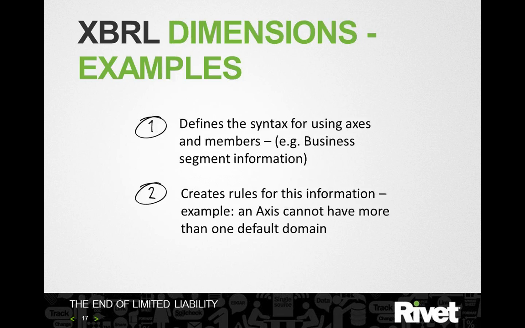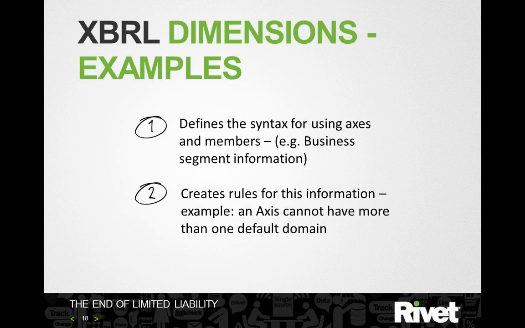So that's one validation category. Another one is XBRL dimensions. The XBRL dimensions specification really focuses on all the dimensional information, which is expressed with axes and members. Filers that have now all done detailed tagging are probably a lot more familiar with dimensional information. It often comes up in business segments. And the dimensions specification creates syntax requirements that an axis must have a default domain and that it can't have more than one default domain within the same file.